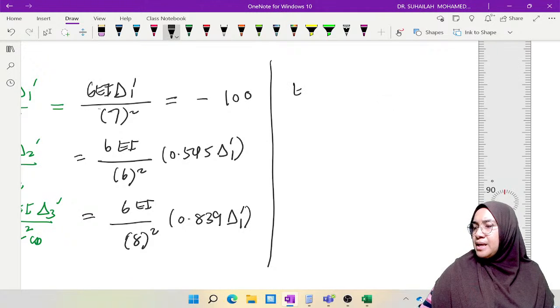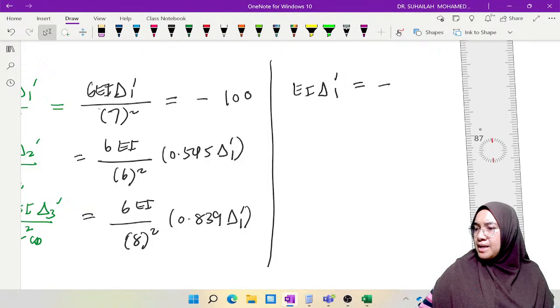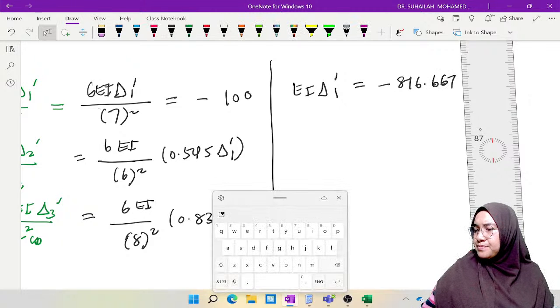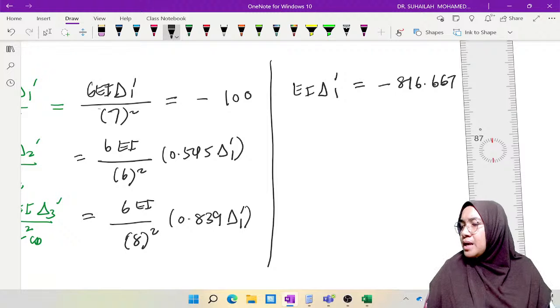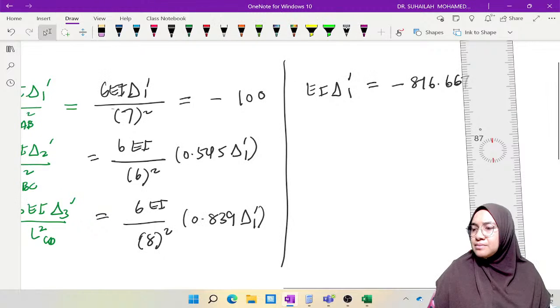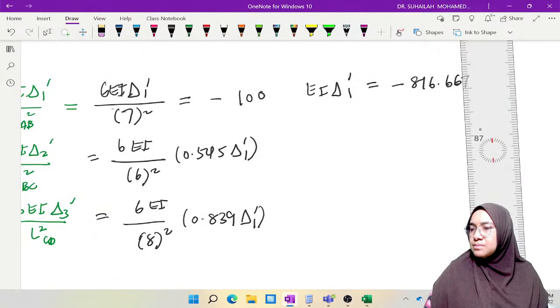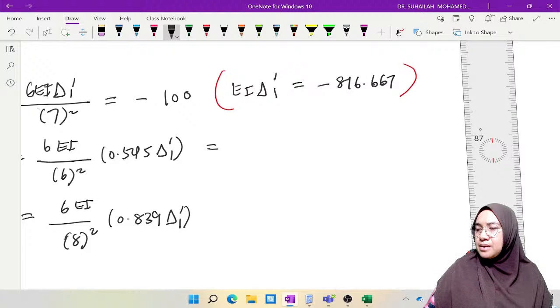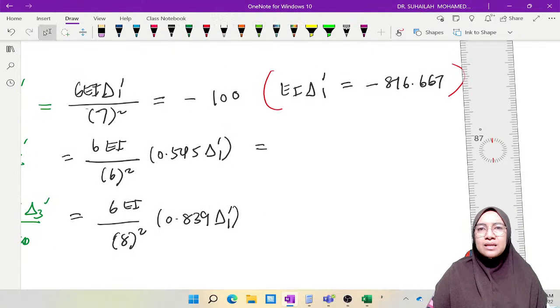So we get EI delta 1 prime equal to negative 816.667. This is what we get when we substitute.